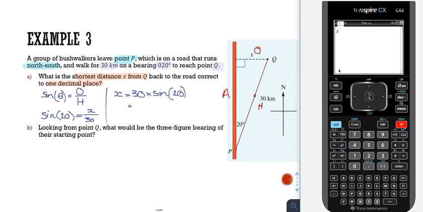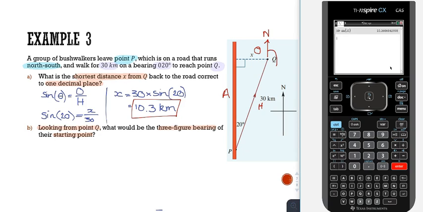Using my calculator, make sure you're in the right units, so I'm in degrees, that's good. 30 times sine 20 gives me 10.26, but I want one decimal place, so 10.3 kilometers. My units are important. Please make sure you put that in.